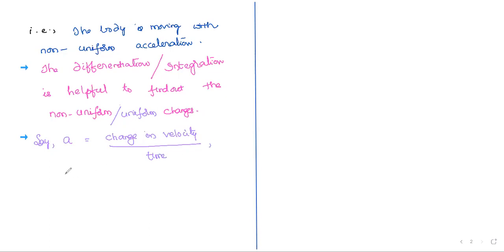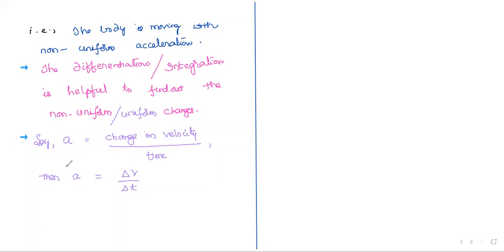Then A can be written as delta V divided by delta t, as change is usually represented with the letter delta, and for small time intervals we write delta t.